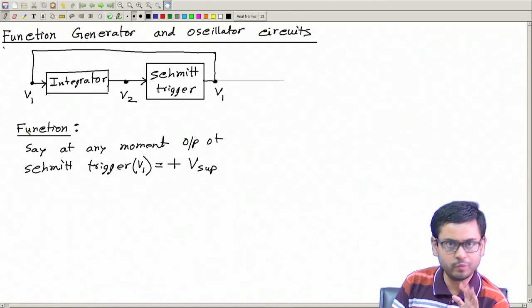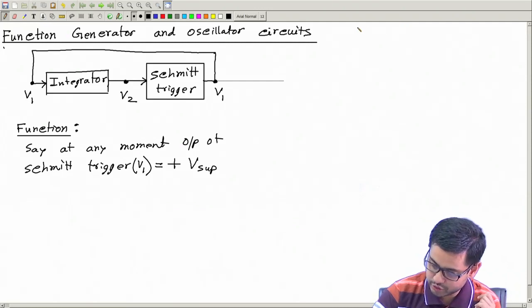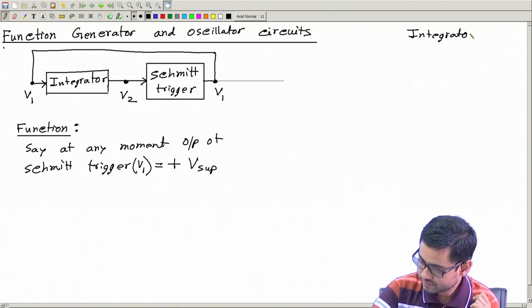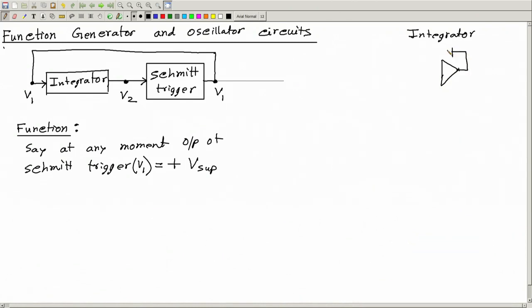Now, to be realistic, let's draw these two circuits side by side. The integrator: you know an integrator is made up of an op amp which has a negative feedback coming to its minus terminal. The plus terminal is grounded.